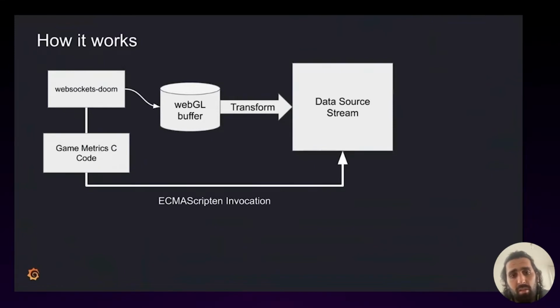And the way we render the game is we get the pixel data from the WebGL buffer, and we use a transformation algorithm that is then used to display the game in the graph.